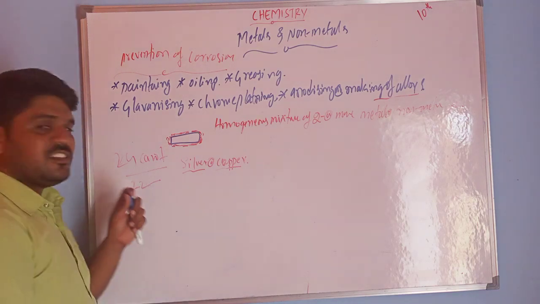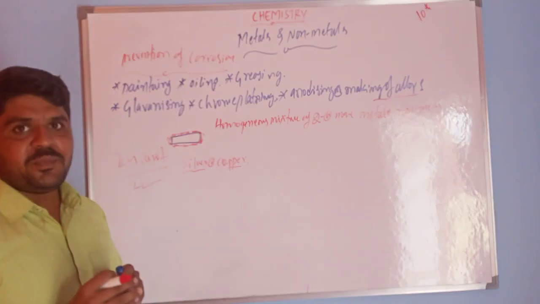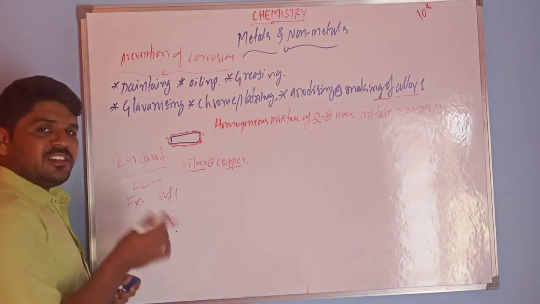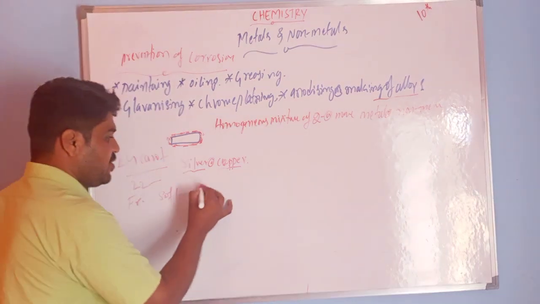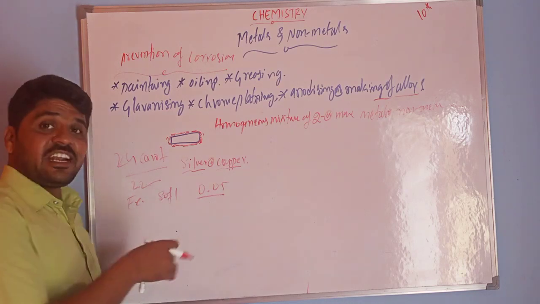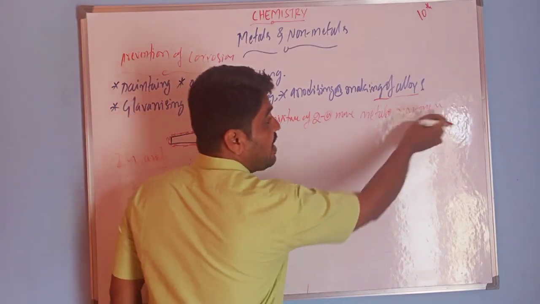In the same way, pure iron is also soft. If you add 0.05% carbon, which is a non-metal, it is a homogeneous mixture. Alloying means you can add metals or non-metals.